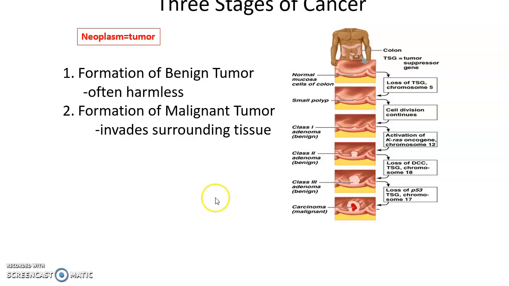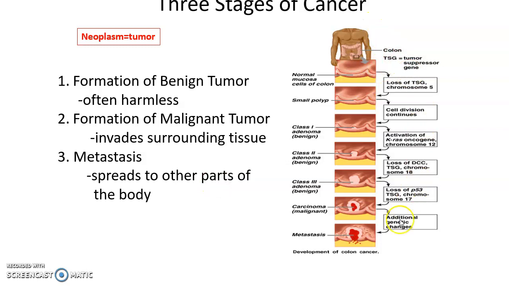All right, after the benign tumor forms, it will eventually, potentially, develop additional mutations to the DNA, turning it into a malignant tumor. Malignant tumors will now invade surrounding tissues, destroying those tissues. So this is now inherently dangerous, at least in that location where the tumor has developed.